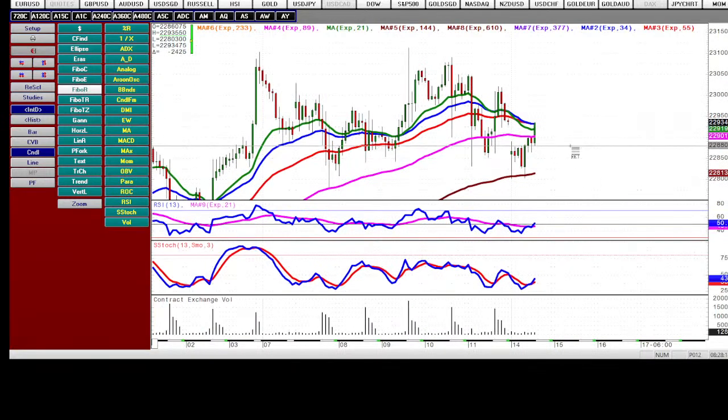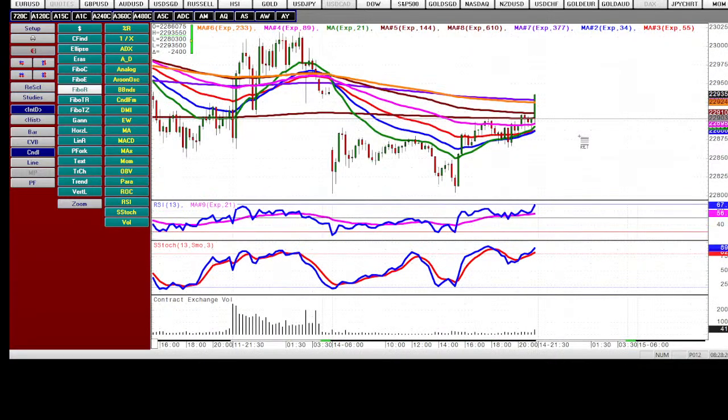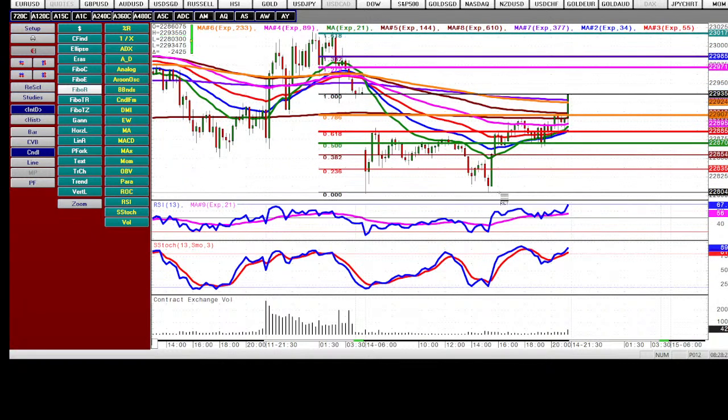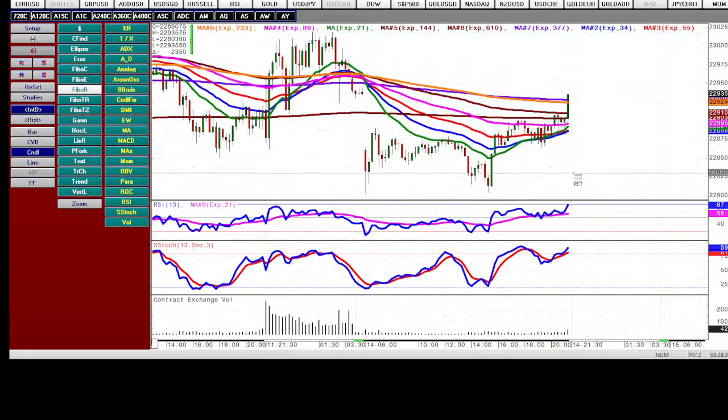So we can see the price heading towards another 70 to 80 points higher for the Nasdaq.